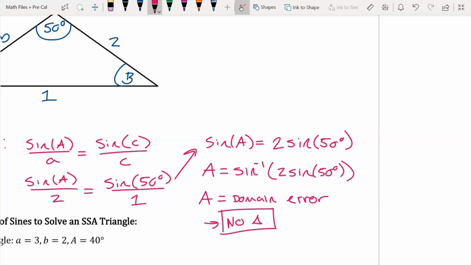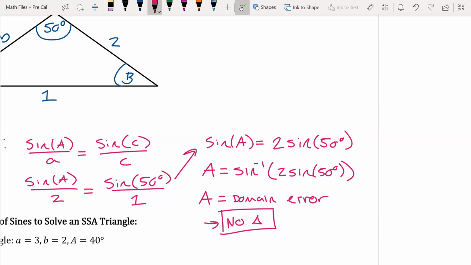Okay, and this is one of the cases where we weren't given a side A and an angle A. Well, we were given a side A, but we weren't given an angle A. So we could check it this way by solving for angle A using the inverse sine, or we can also check it by using that side note that I wrote on the last page.